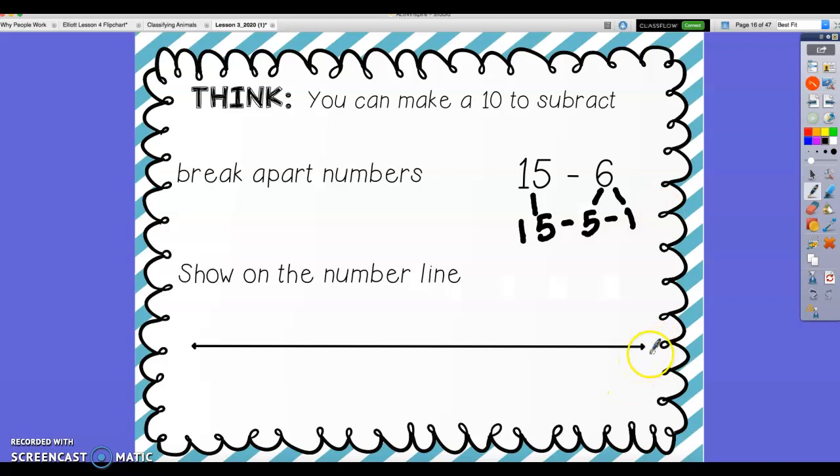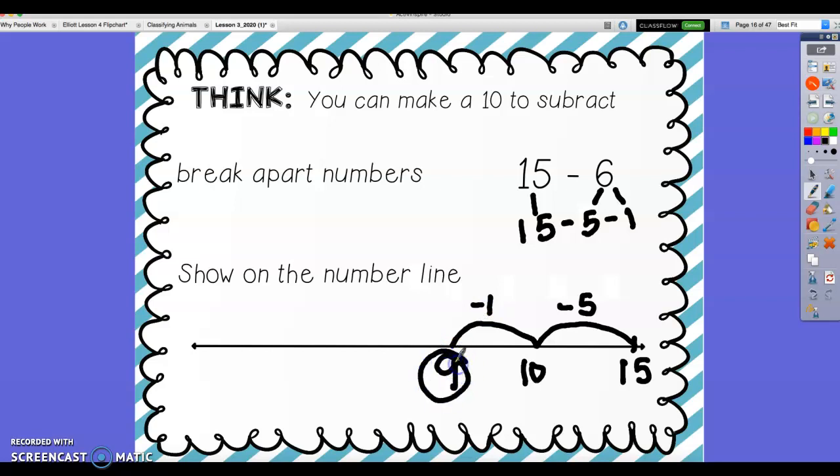So since it's a subtraction problem, I'm going to start at 15 over here and take away from 15. Well, I want to take away 5. That gets me to 10. And then take away 1 more from 10, and that is 9.